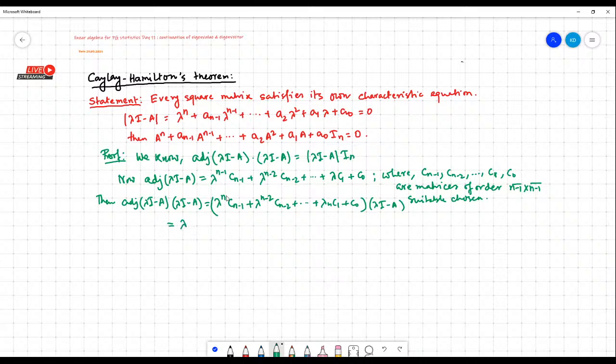So this is equal to lambda n Cn minus 1 plus lambda n minus 1 Cn minus 2 minus Cn minus 1 a, plus lambda n minus 2 Cn minus 3 minus Cn minus 2 a, up to lambda C0 minus C1 a, minus C0 a.